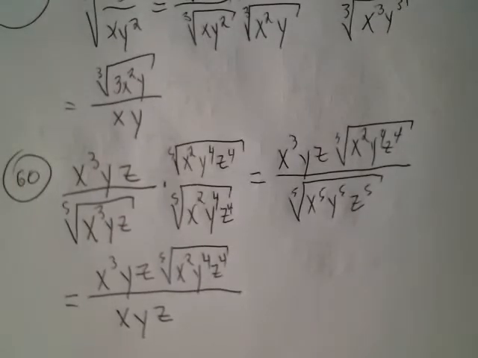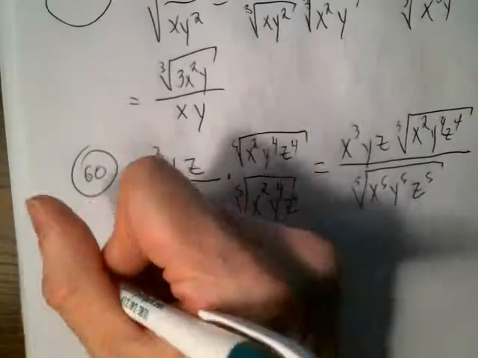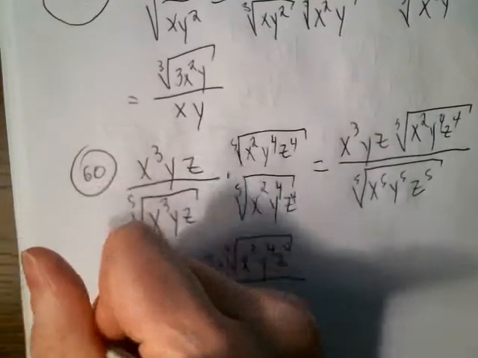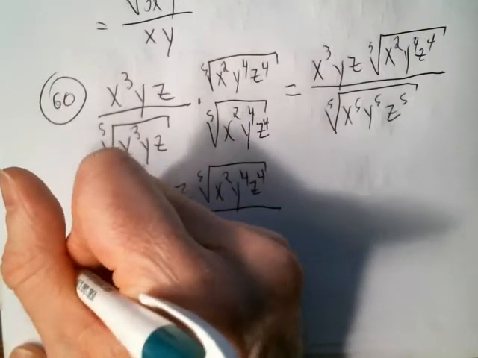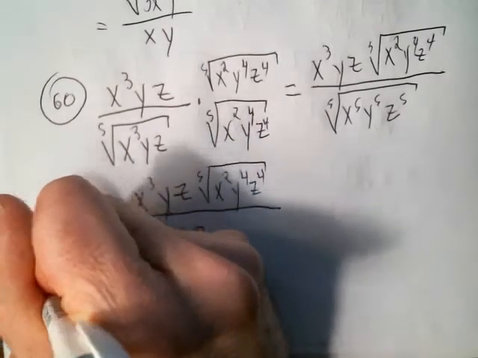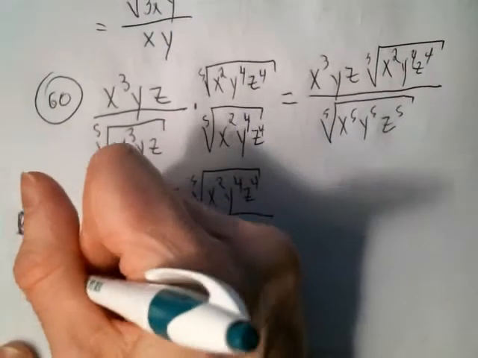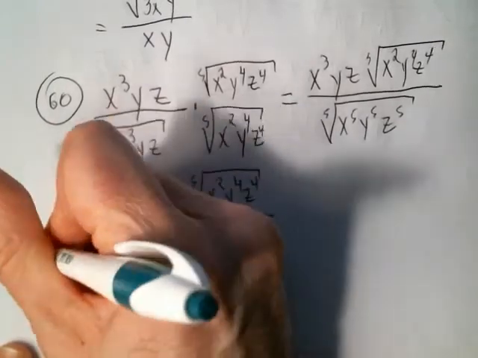So we got rid of the root problem. Now we can simplify a little bit the numerator and denominator. So remember, if you have, let's say, a to the fifth all over a cubed, you can use the quotient rule to simplify this into a to the 5 minus 3.